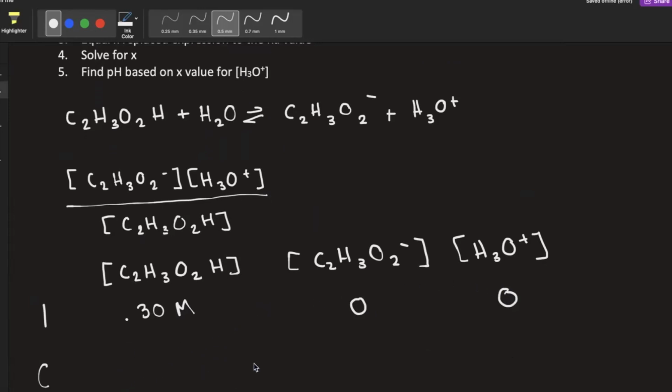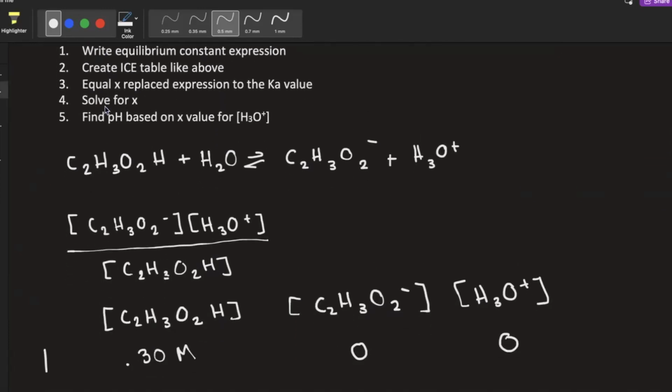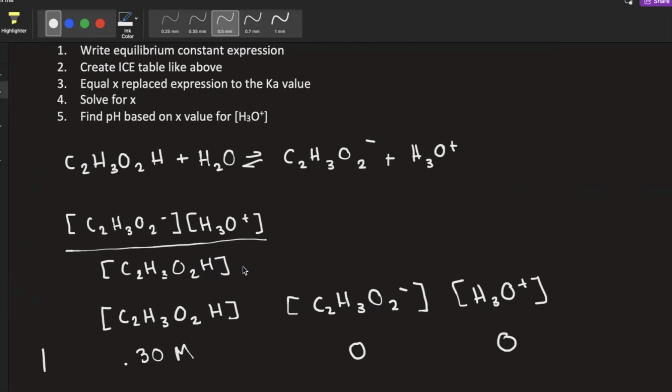Now, to find the change, we have to look at the stoichiometry. We can look at the stoichiometry in the equation that we wrote. For 1 mole of acetic acid, we get 1 mole of C2H3O2 minus and 1 mole of H3O plus.